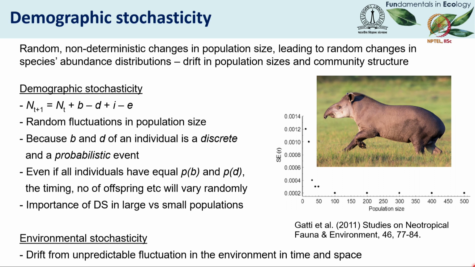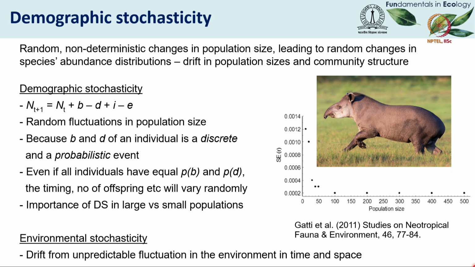These are random, non-deterministic changes in population size that lead to random changes in species abundances, and therefore the distribution of abundances across various species, and therefore random changes in community structure.